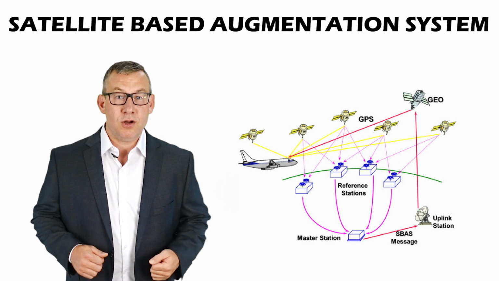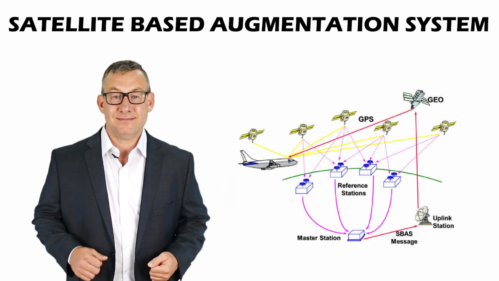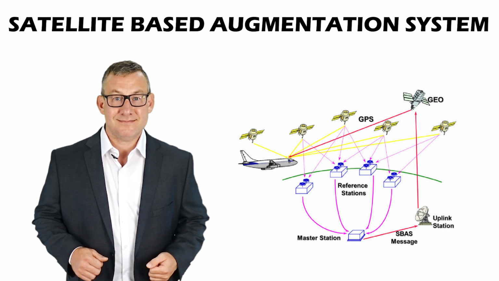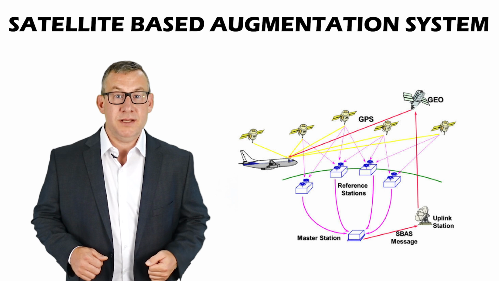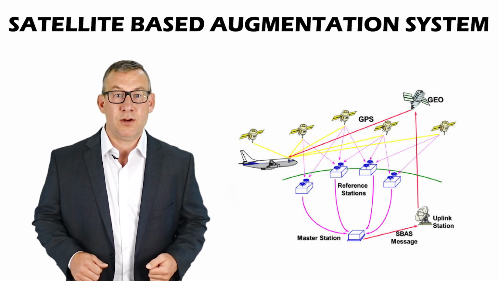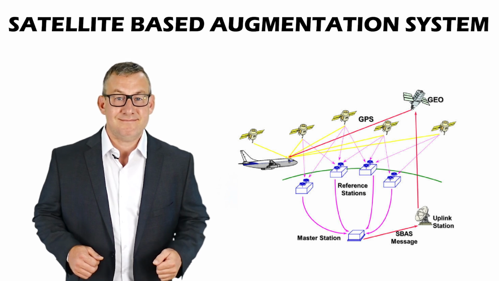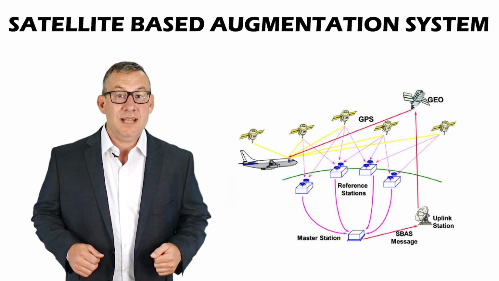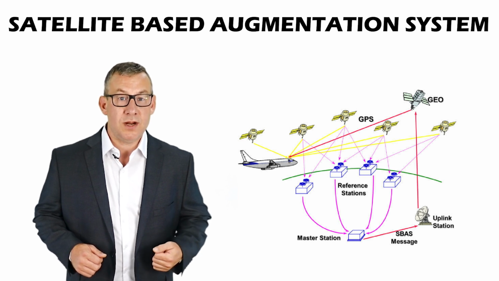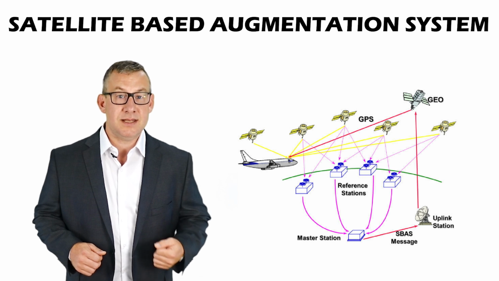The Wide Area Augmentation System, or WAAS. The Wide Area Augmentation System is an air navigation aid developed by the Federal Aviation Administration. It uses a network of ground-based reference stations to measure variations in the GPS satellite signals.